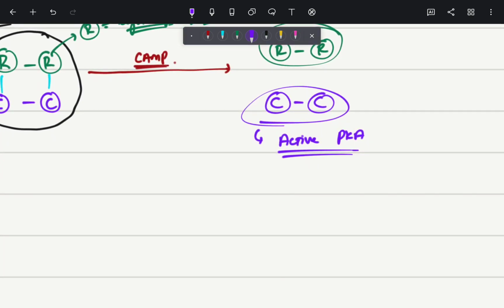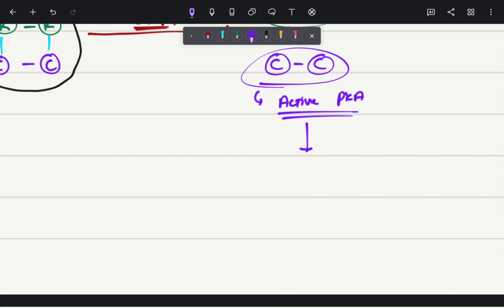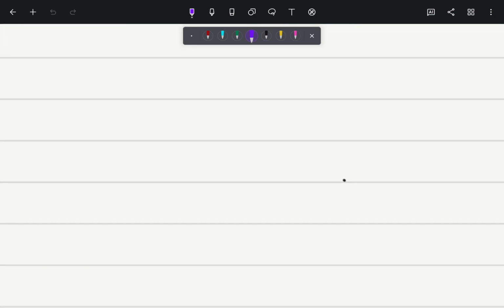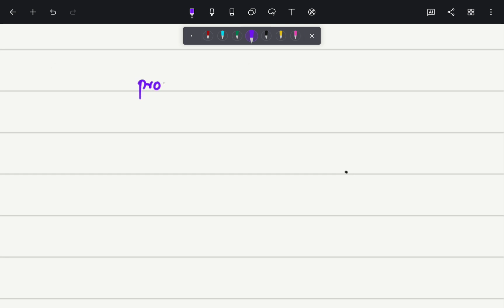Now these catalytic units or the active form of protein kinase A will do phosphorylation of proteins, especially at your serine or threonine amino acids. Now what is meant by this? As the name suggests, protein, let me draw this clearly.